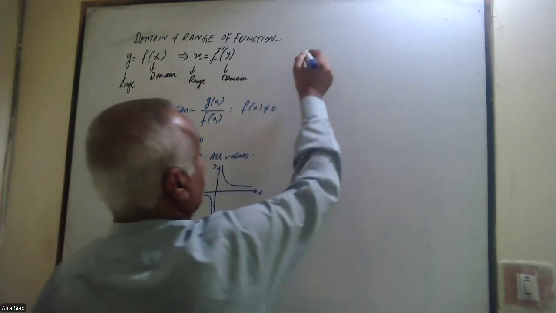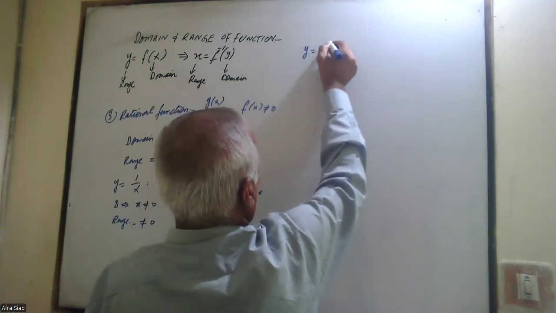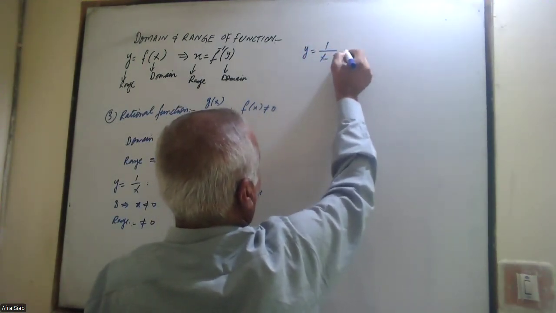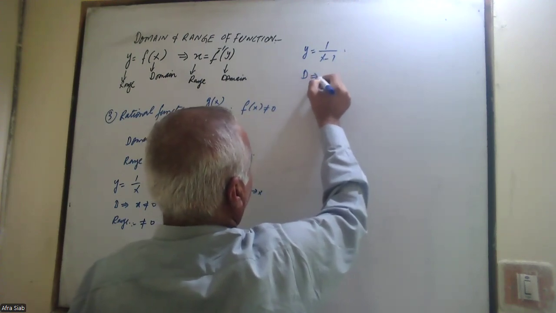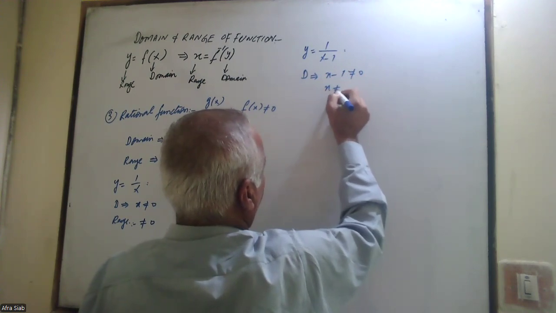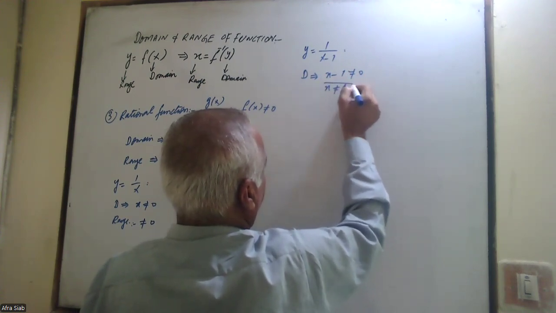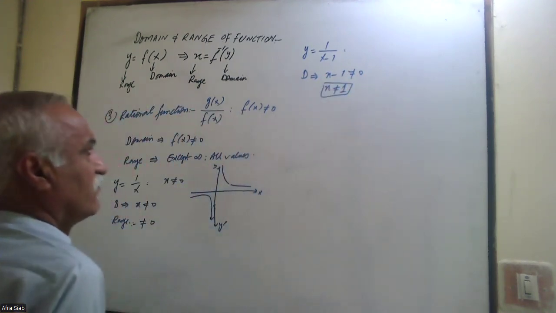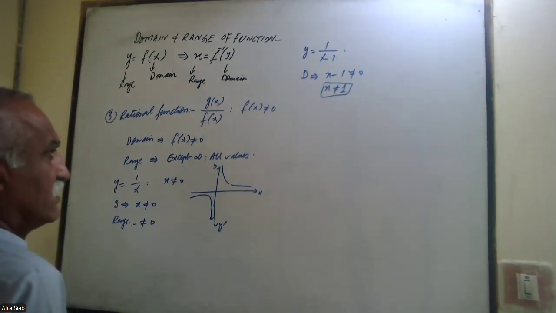For example, y is equal to 1 over x minus 1. Then the domain of this function will be x minus 1 should not be 0, or x should not be equal to 1. So at one value it is not possible, but for the rest of the values it is possible.